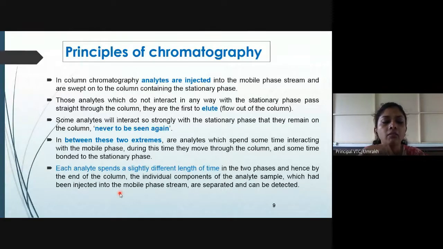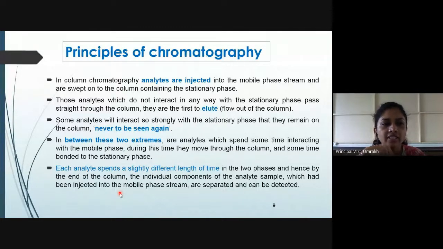When we introduce the sample, first of all the mobile phase will reach the detector. Some of the analytes do not interact with the stationary phase at all; they will be eluted and reach the detector. They will not be retained by the stationary phase.